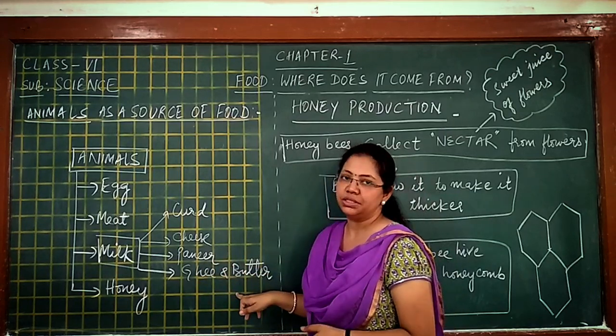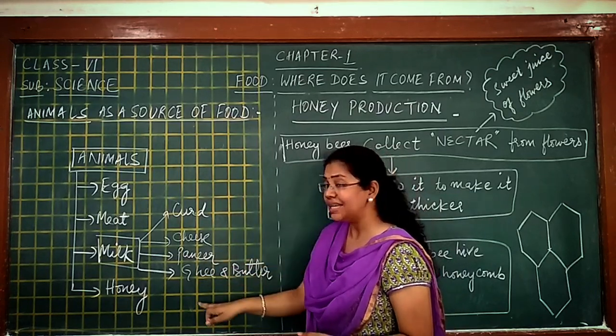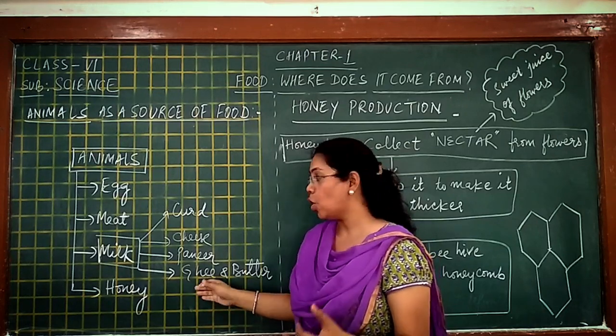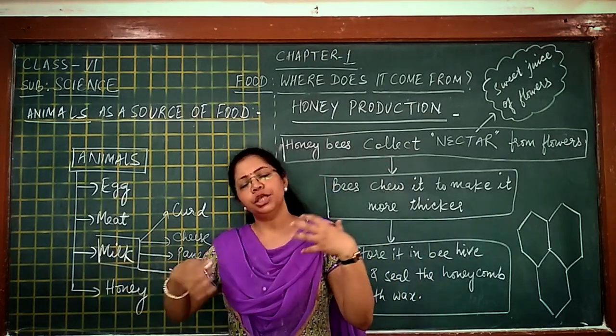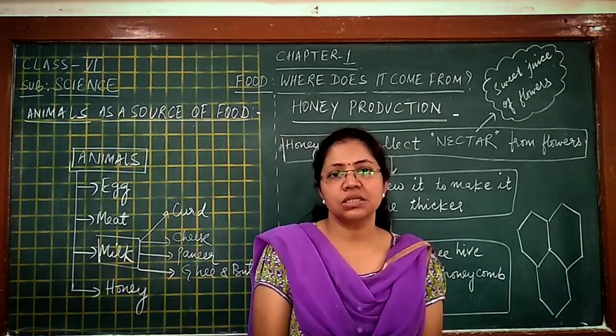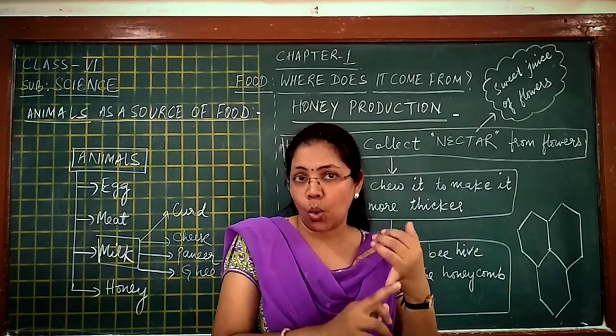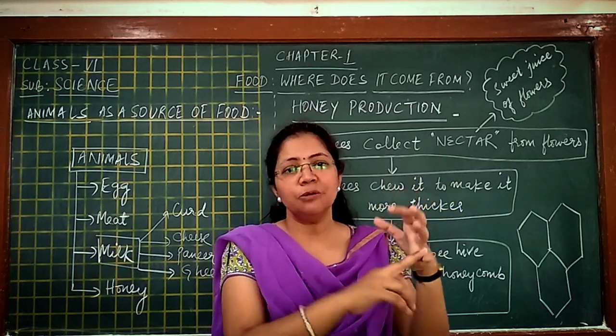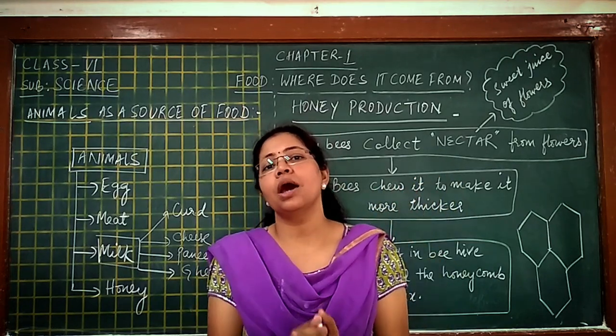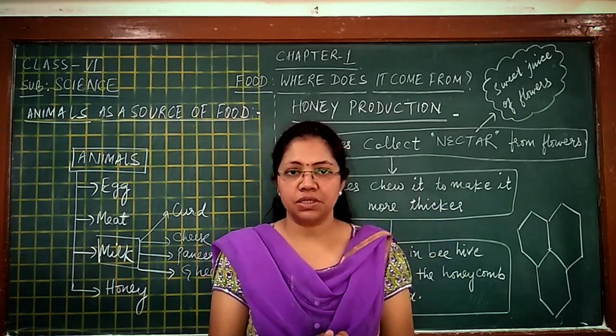Then ghee and butter. So these are the variety of byproducts which we obtain from milk. And you have learned in lower classes that milk we obtain from various animals like cow, buffalo, goat, etc. So all these are milk providing animals.